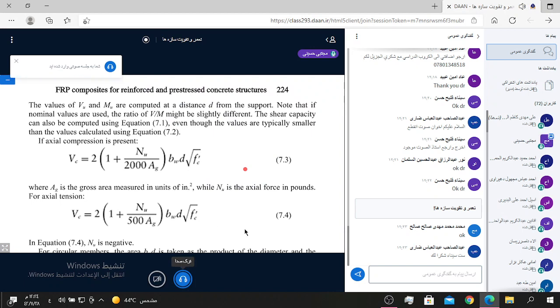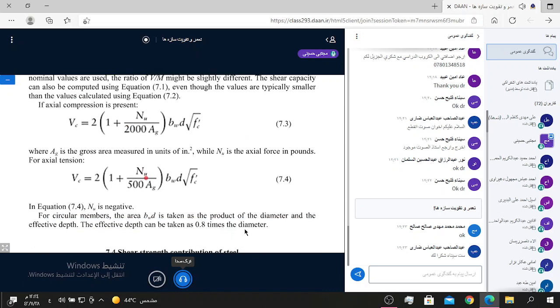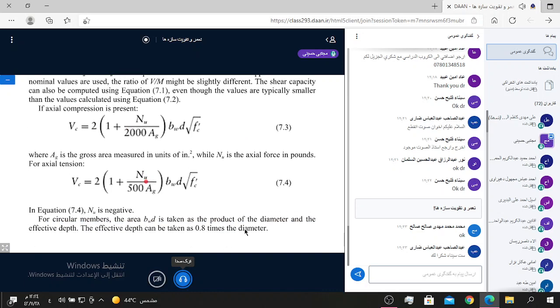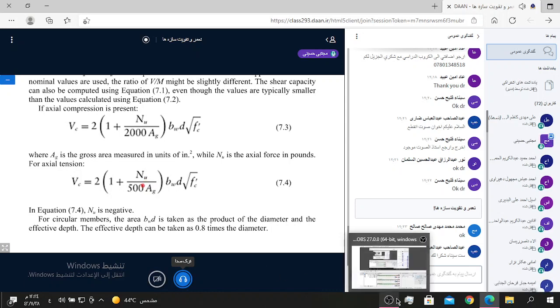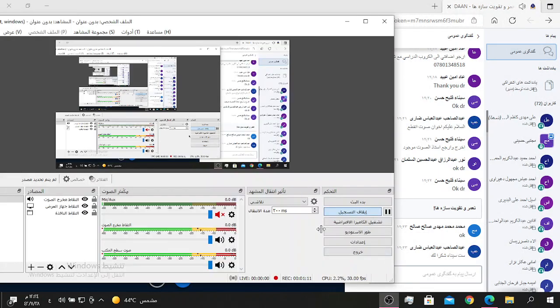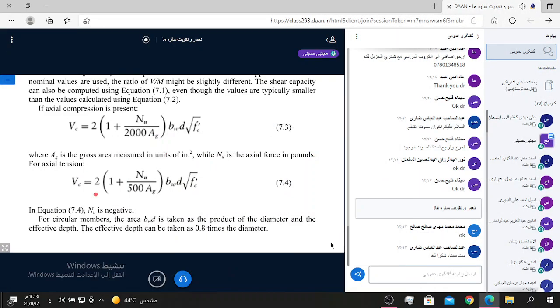7.2. If we have axial compression force, we use this formula, where Ag is the gross area measured in square inches and Nu is the axial force in pounds. If your axial force is tension, you must use this formula.